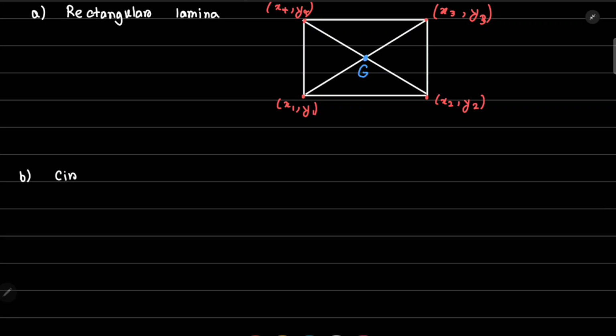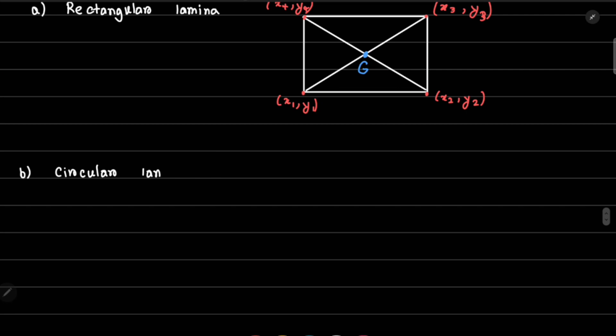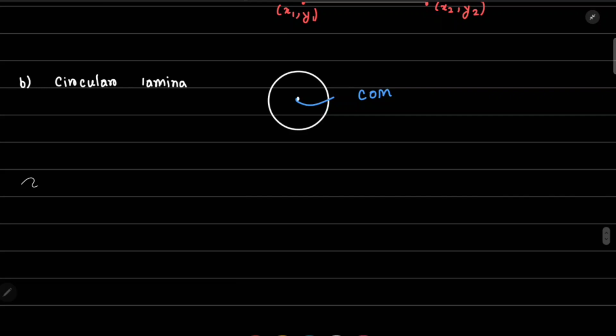Up next we have a circle or a circular lamina. This will have a center of mass at the center of the circle. So this is the center of mass. Next up we have triangular lamina.